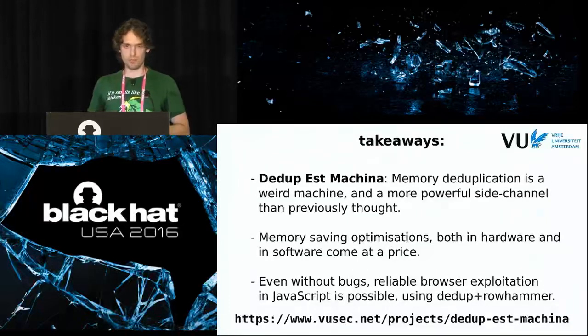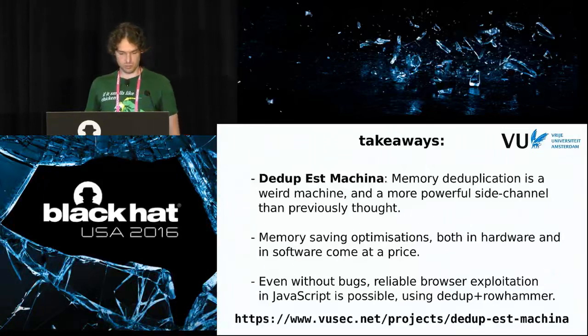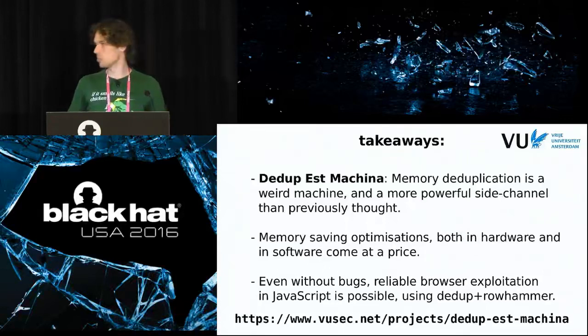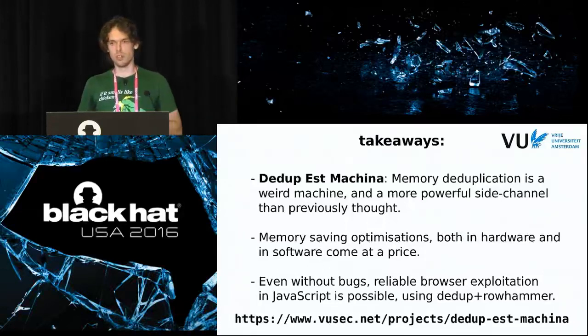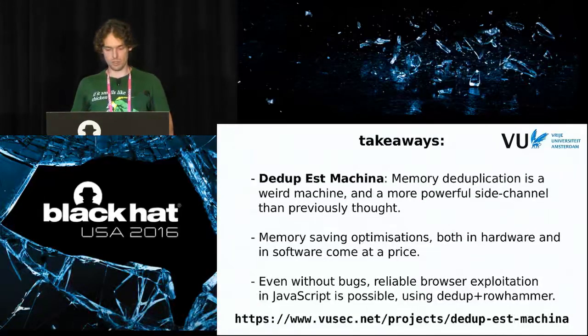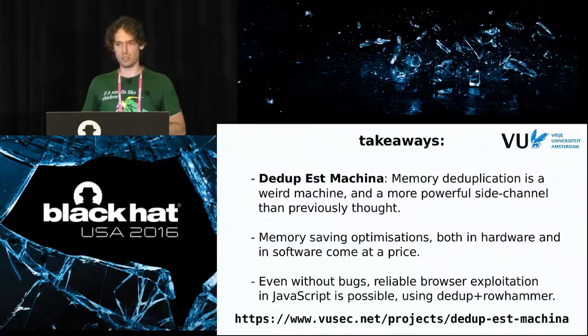And finally, even without bugs in your browser, you might still be owned, in this case using deduplication and rowhammer. If you want to know more about this, we have a website on this project. We also have other projects which might be interesting to you, also on mobile security and cloud security.